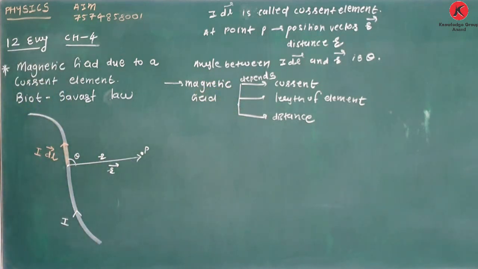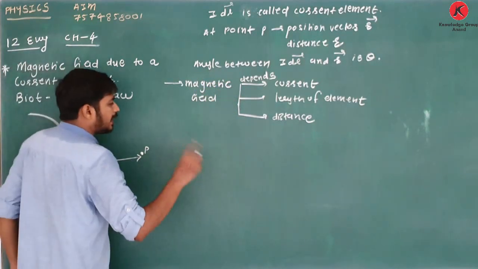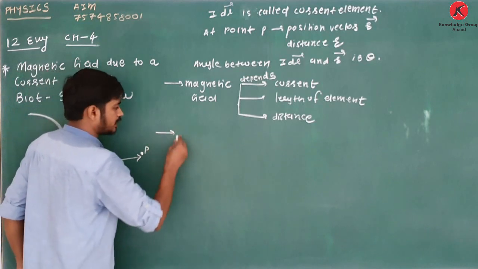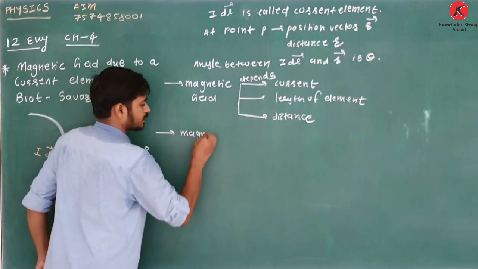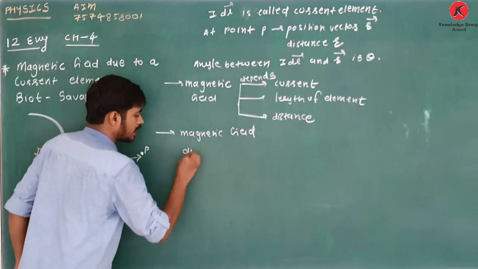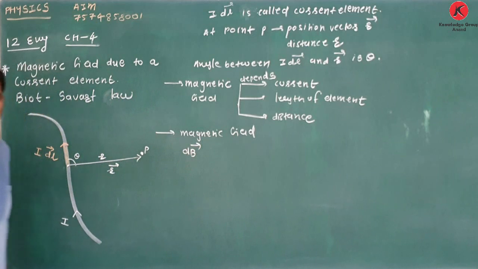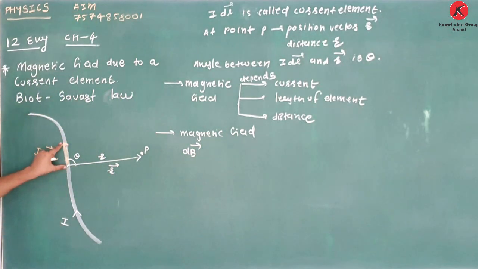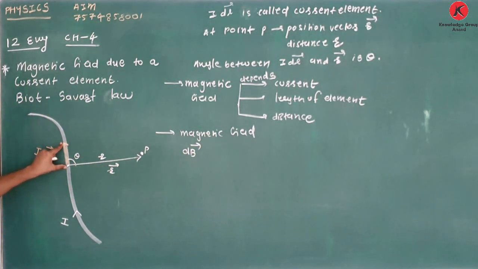So yes, Biot suggested that the magnetic field at a point, dB. Why dB? Because it is due to one small element. That's why I have to write dB.